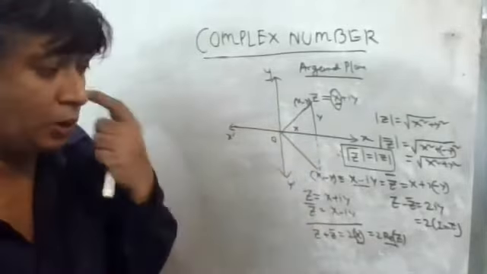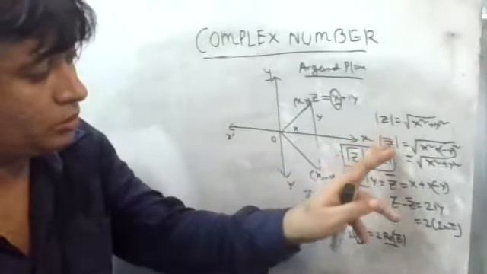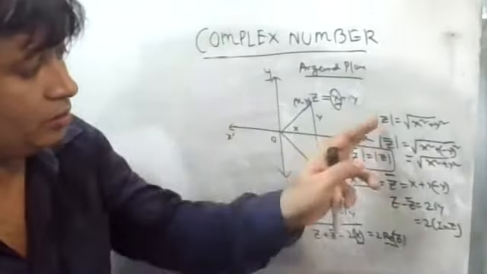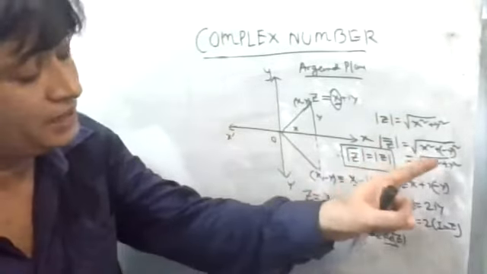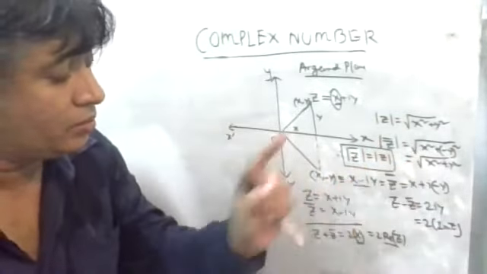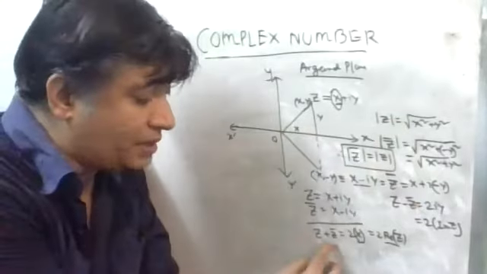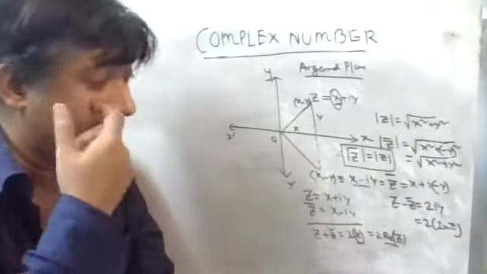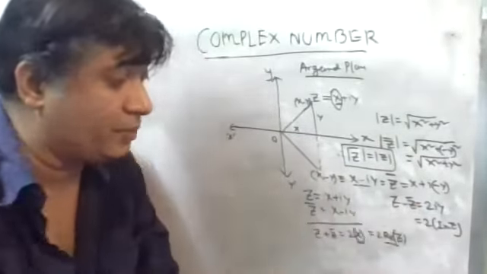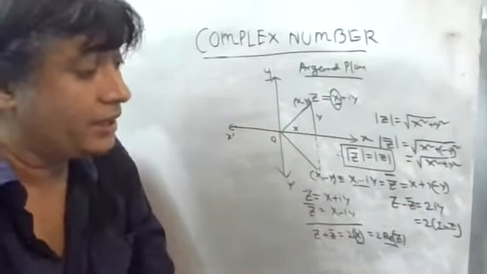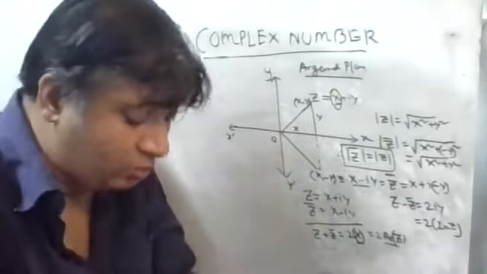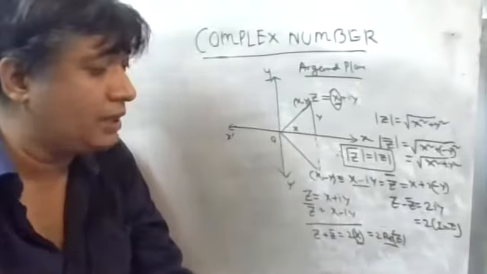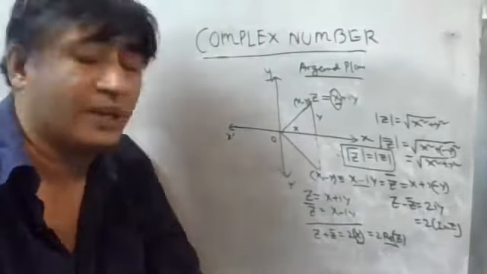Okay. So, two conclusions I can draw: mod z is equal to root x square plus y square, and mod z bar is the same. So mod z is equal to mod z bar, and z plus z bar is equal to twice real z, and z minus z bar is equal to twice imaginary z. Okay. So till now we are talking about the Cartesian form of a complex number.